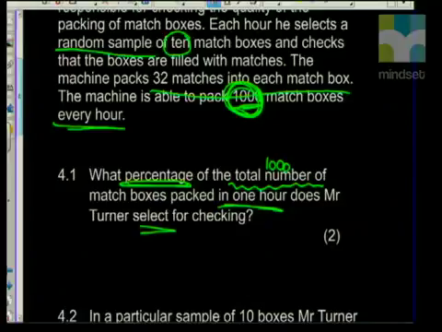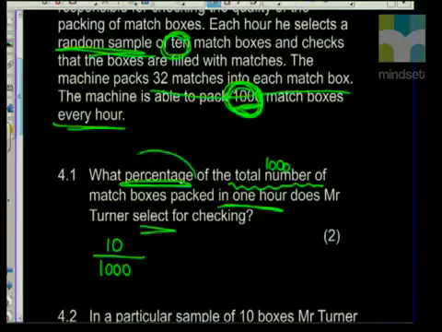So he selects a random sample of 10 matchboxes. So I need to write that as a fraction. So he checks 10 out of 1,000. And I need to now change this to being a percentage. How do I change anything to being a percentage? I times it by 100. And if I had to type that into my calculator, it would be equal to 1%.